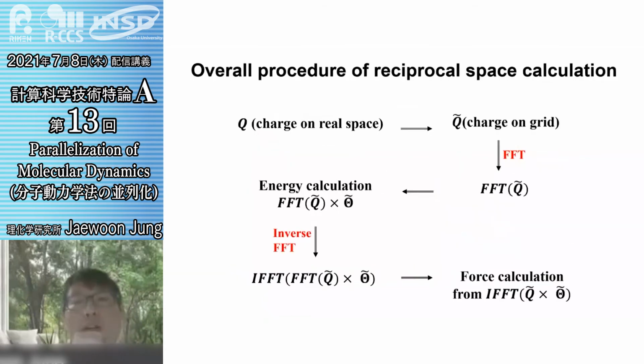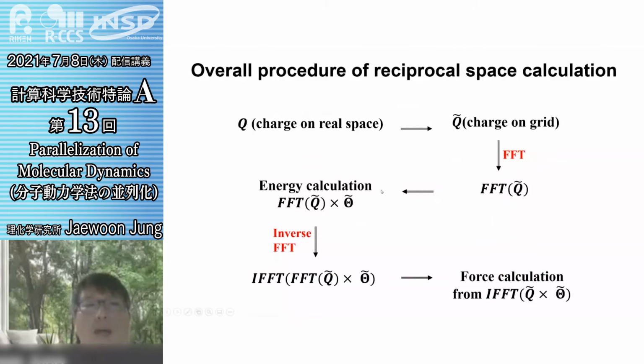So the overall computational procedure is like this. First, we have a charge in real space. Then you convert to charge on grid space. And on the charge on grid space, we perform the forward FFT. And we obtain the FFT data on the grid. And using this one, we can calculate energy.